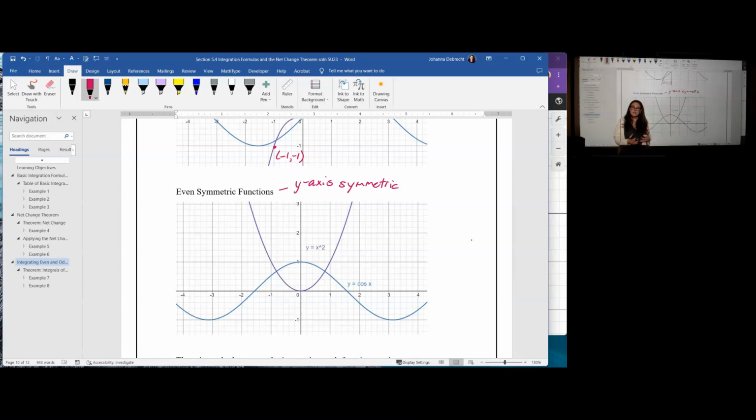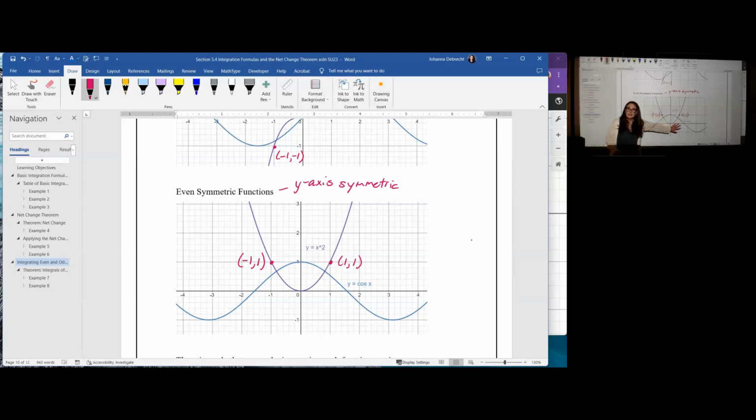In an even symmetric graph, if you replace the independent variable with its opposite, you get the same function back. In other words, if you're looking at the point (1, 1), and you change the value of x from 1 to negative 1, it does not change the y value. The y value stays the same because the function stays the same.